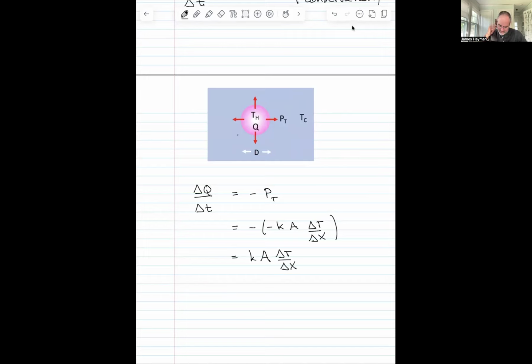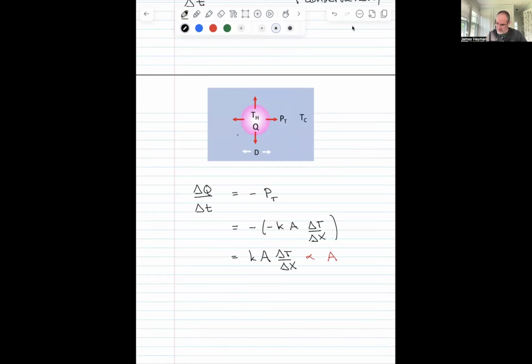And so the rate of cooling you can see is proportional to the area, the surface area of our object.